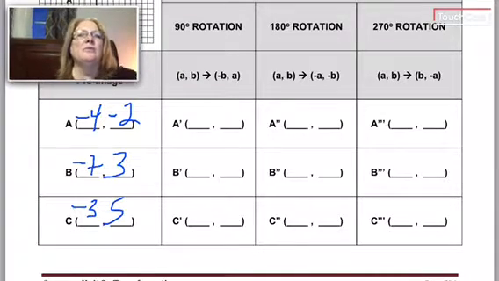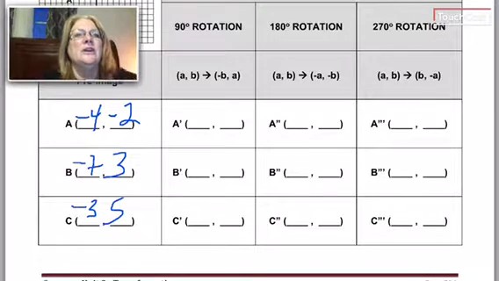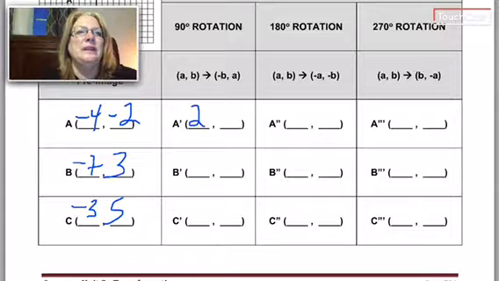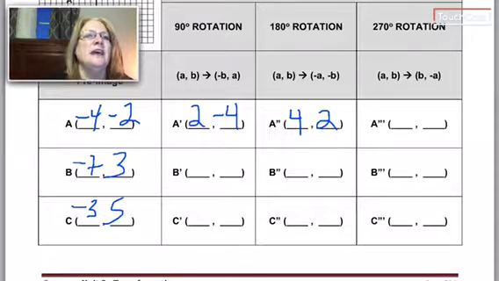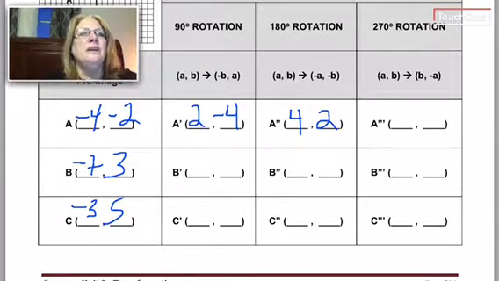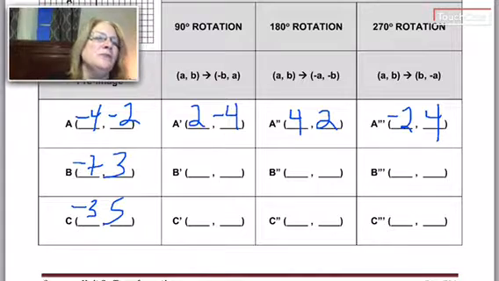And then we just apply the rule. So if it's going to be a 90-degree counterclockwise rotation, it would be +2 because we changed the sign of B and put it first, and then -A. And then for the 180-degree rotation, they stay in the same order. We just change the signs. And then for the third, 270-degree, B comes first, so -2, and then we change the sign of A. So we just follow the rules.